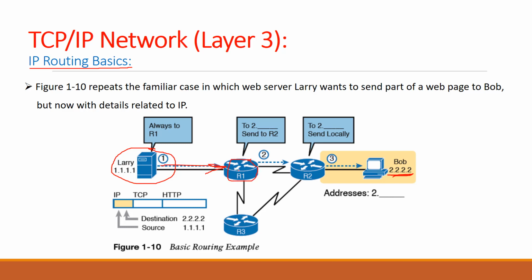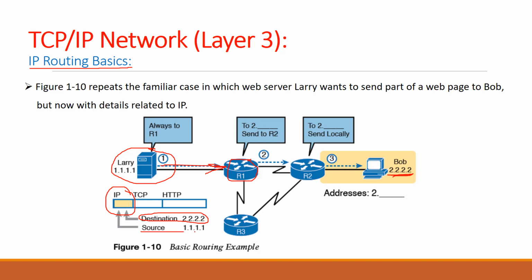Then, when R1 receives the packet, it checks the destination that exists inside the IP header. Because as we mentioned, each layer uses some information stored inside the header. So in this case, we are discussing the network layer.